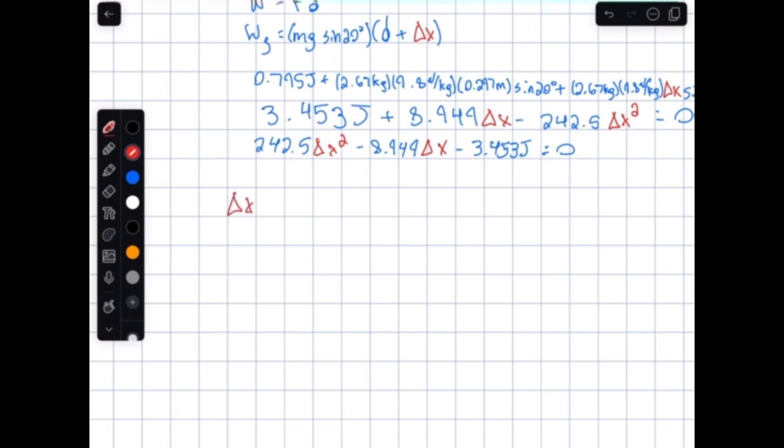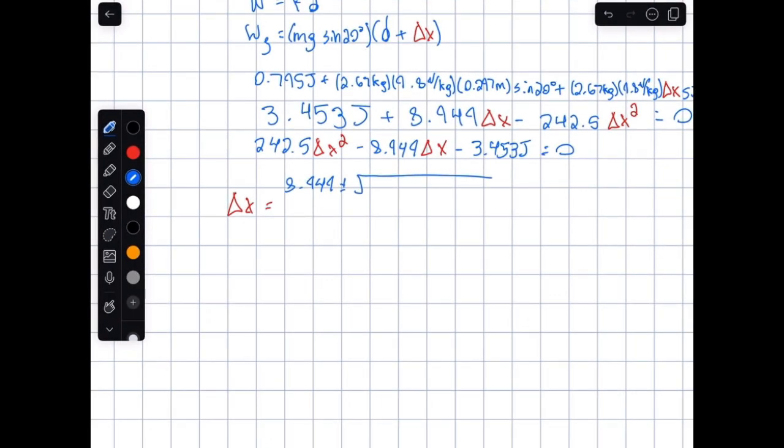So we'll have delta x equals negative b, 8.949, plus or minus the square root of 80.09 minus 4 times a, 242.5, times c, which is negative 3.453, all over 2 times 242.5.